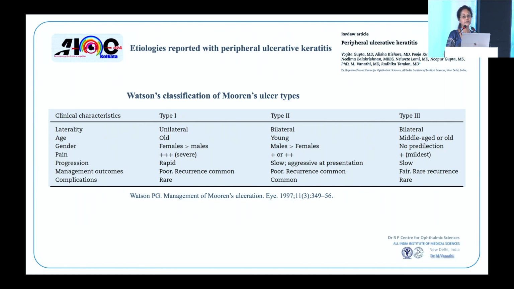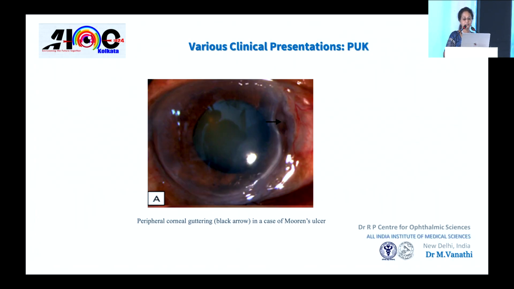You do have a classification of type 1, type 2, and type 3, depending upon whether they are unilateral, bilateral, and whether they are virulently progressive or not, and about the age group and racial differences. So sometimes this does not conform to the pattern, and you would find something which is supposed to be benign being more malignant, and vice versa. But usually the clinical feature is quite confounding for these patients.